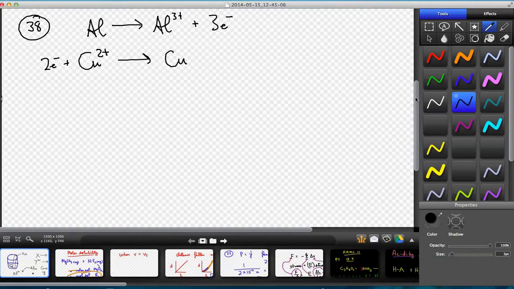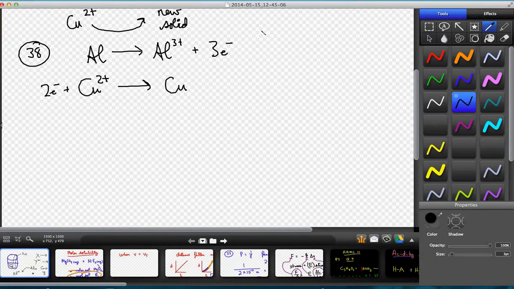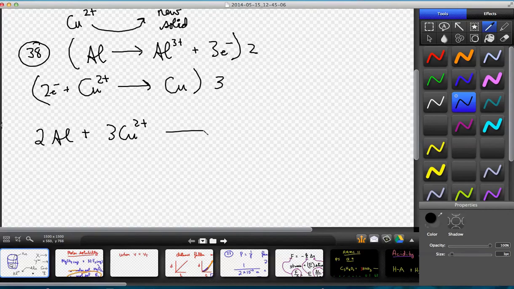This is based upon our data, because aluminum 3+ does not react with copper, but copper 2+ reacts with aluminum metal. Now all I need is for it to be properly balanced. I need 2 of these and 3 of these. So it should be 2Al + 3Cu2+ yields 2Al 3+ + 3Cu.